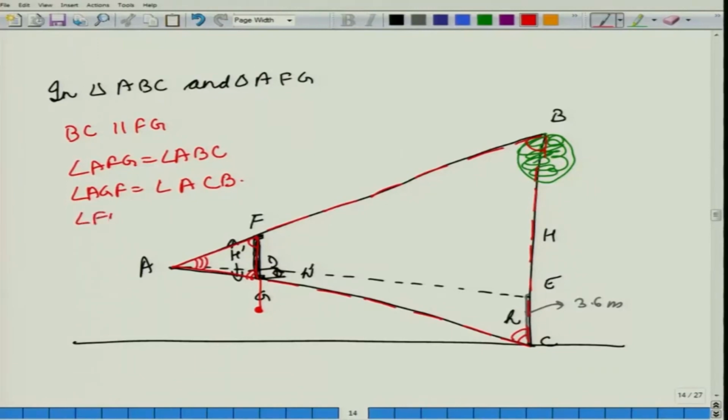So, angle FAG is equal to angle BAC. So, now we have that triangle AFG is similar to triangle ABC. So, in this situation the corresponding sides are in a constant ratio.